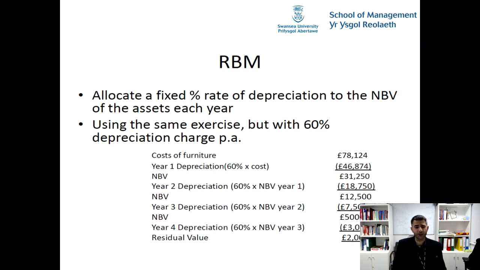The net book value at the end of year three is 12,500 minus 7,500, which is 5,000 pounds. And in the last year, the 5,000 pounds you multiply by 60% is 3,000 pounds, the depreciation in year four. To calculate the net book value at the end of year four, the 5,000 minus the 3,000 equals 2,000.